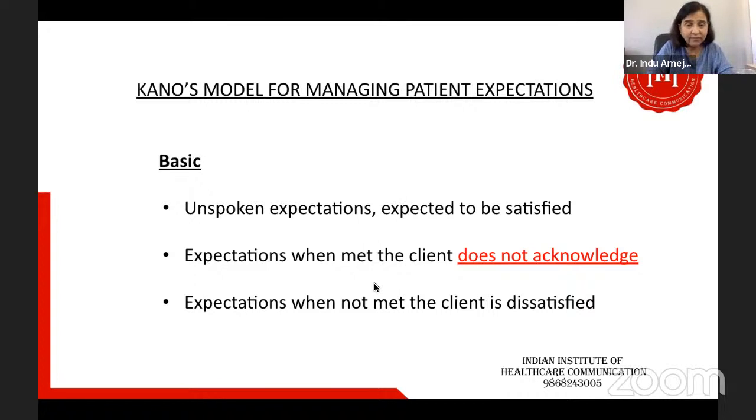Now you need to check how many of us are really even fulfilling these basic needs. So if a patient is admitted to a hospital, a room or a bed, a clean sheet, availability of toilet, a well-ventilated room, neat and clean environment, protection from infection, they're all basic expectations.